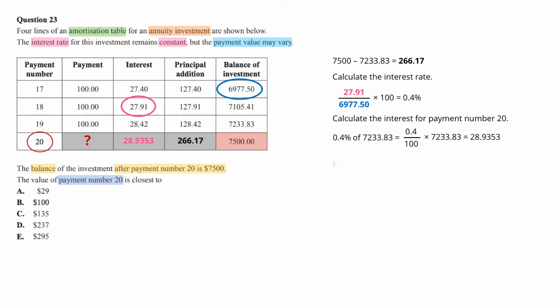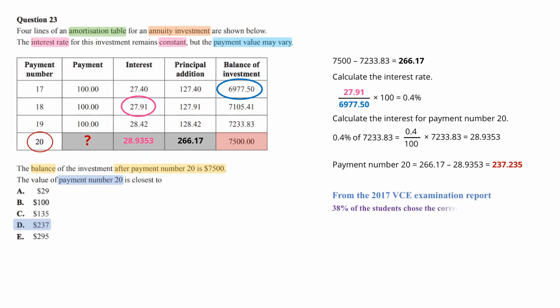Now let's calculate the payment number 20, which is 266.17 minus 28.9353, and that gives us 237.235, which is closest to option D, 237.